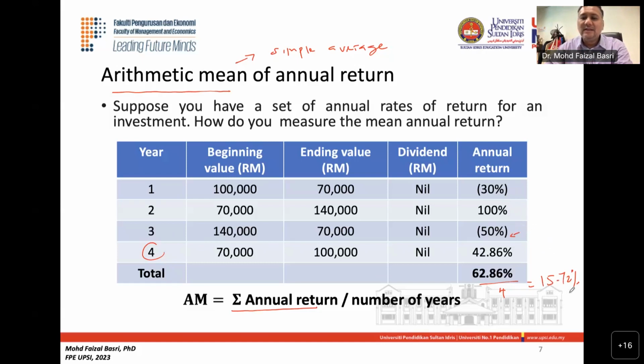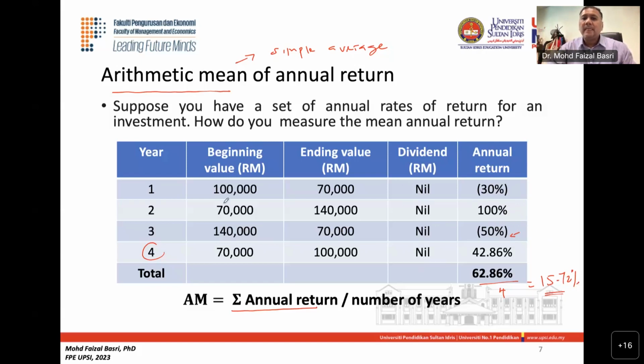So if we just look at the average return of 15%, our decision making might be misleading. It shows that this investment is good, for example. However, if we look closer based on the range of the return, this is actually a very high risk kind of investment because of the fluctuations of the return.